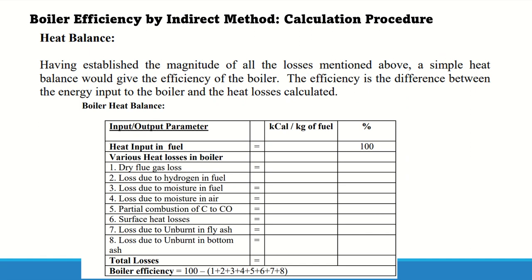Then the boiler efficiency equals 100 minus all losses, which is called the indirect method of boiler efficiency determination. Okay, in the next session we will discuss one tutorial problem related to boiler efficiency.